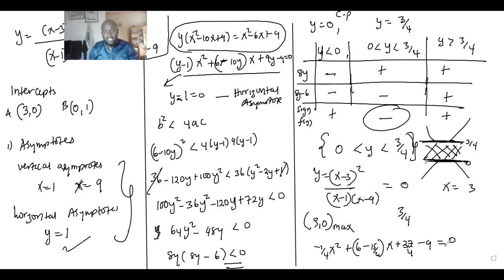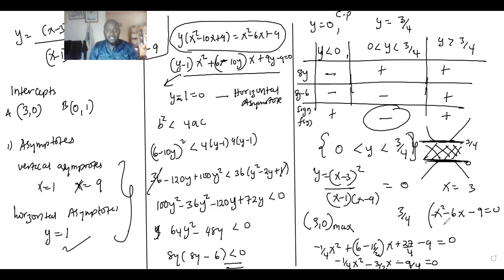Then you have got a quadratic in x. So you get a negative a quarter x squared. This is 12 minus 15, you get a negative 3 over 2 of x. Then 36 minus 27, you get 9 over 4, minus 9 over 4 is 0. So the equation becomes negative x squared minus 6x minus 9 is 0.